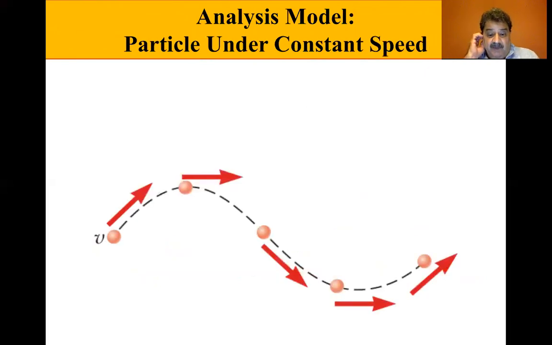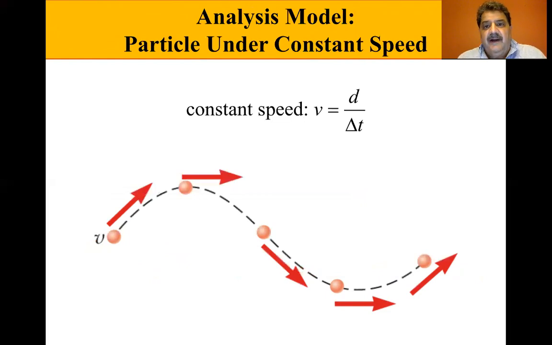Now, if it moves at constant speed through a distance d along a straight line or a curved path in a time interval delta t, its constant speed is v equals d over delta t, distance over delta t. Examples would be a planet traveling around a perfectly circular orbit, a car traveling at a constant speed on a curved racetrack, a runner traveling at a constant speed on a curved path, or a charged particle moving through a uniform magnetic field.